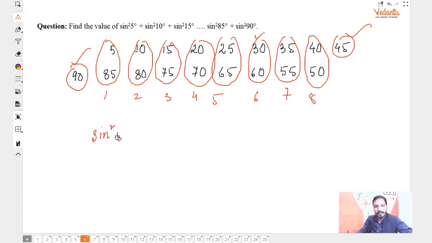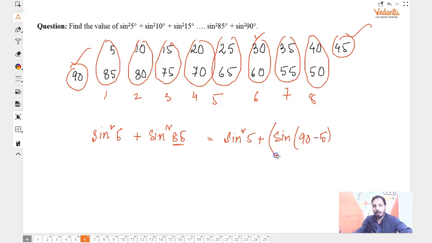One pair will be sine square 5 plus sine square 85. Now what can I do to this 85? I can write this as sine square 5 plus sine of 90 minus 5 whole square. See, this square is nothing but a whole square.